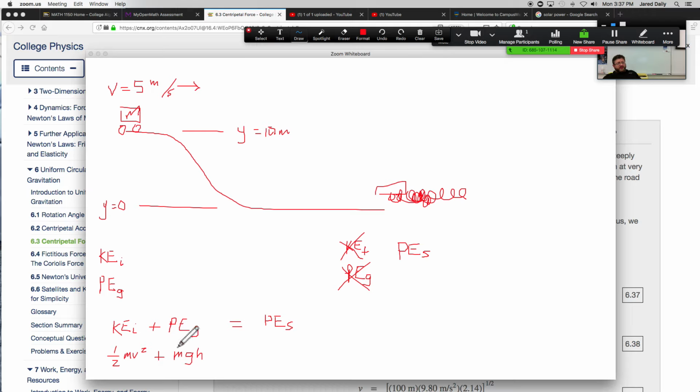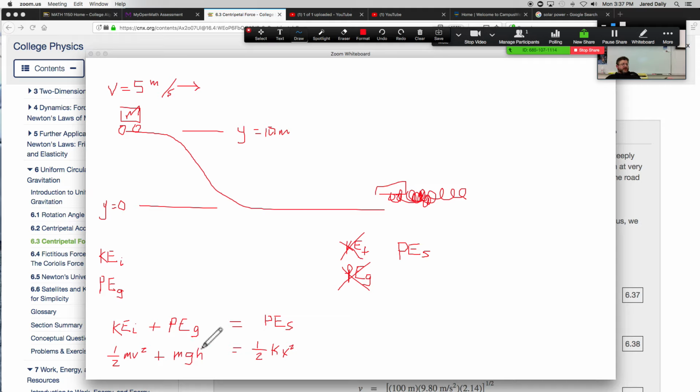So m, the mass of the car, times the gravitational constant, times how high it is above the 0 point. Spring potential energy, if you go back through your section on it, is 1/2 k x squared. If you wanted to know this number, you would need to know how much the spring compressed and the spring constant.